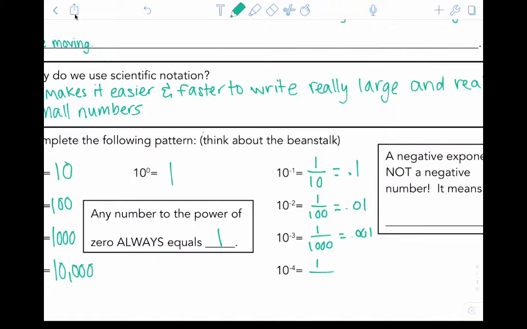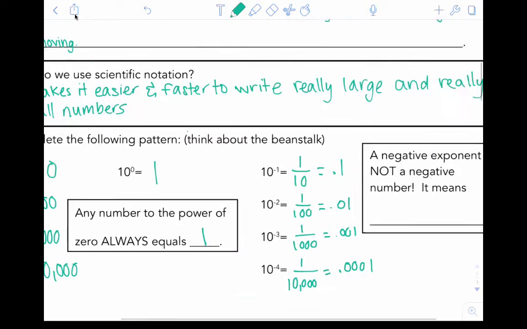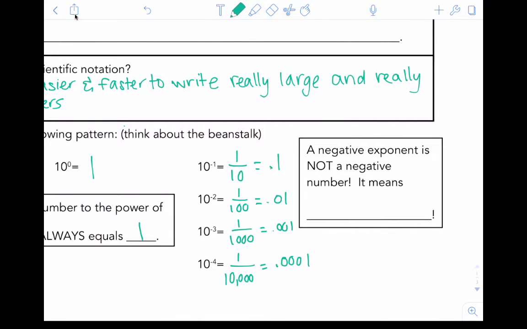And then 10 to the negative fourth is 1 over 10,000, which equals 0.0001. Remember, a negative exponent is not a negative number. It means the inverse.